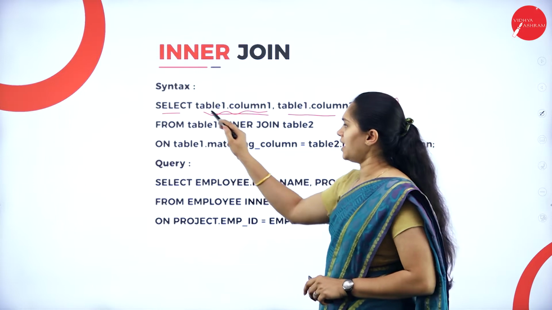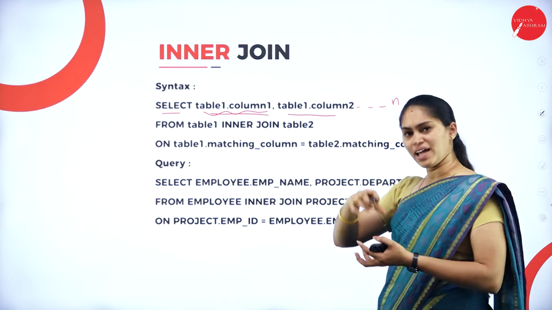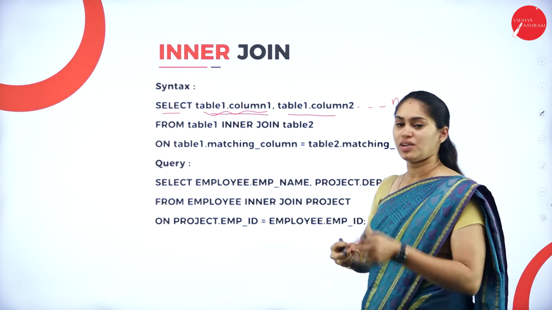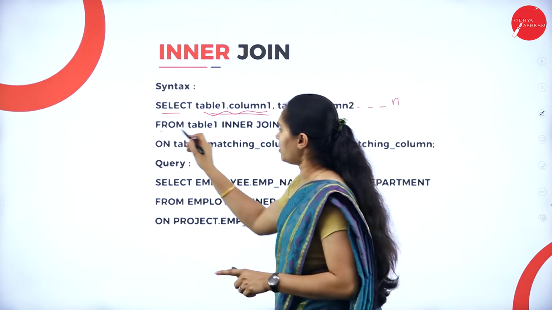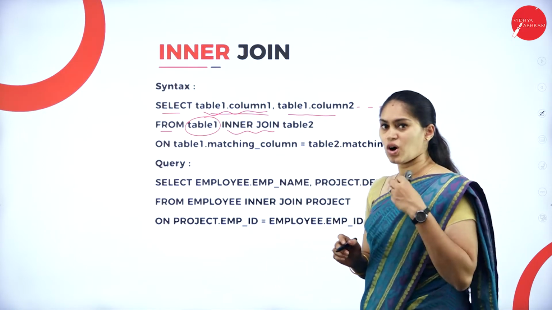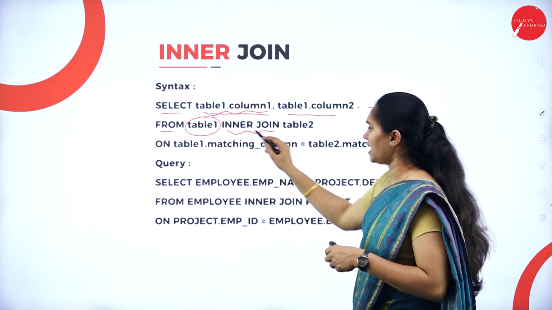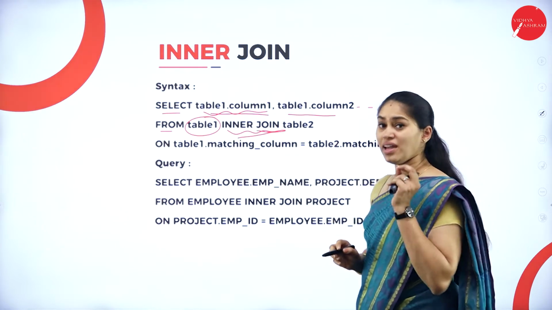So select table1.column1, table1.column2. I am picking the columns from table 1, from table 1 inner join. I am picking all these columns from table 1, and after that comes the inner join. Which operation are we performing? Inner join.